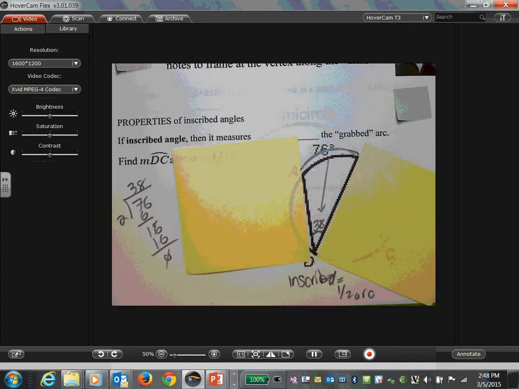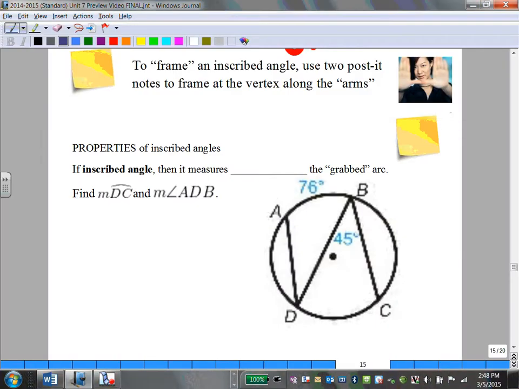So an inscribed angle is always half the arc it's grabbing. So you just figured out if this is 76, back here this is 38.